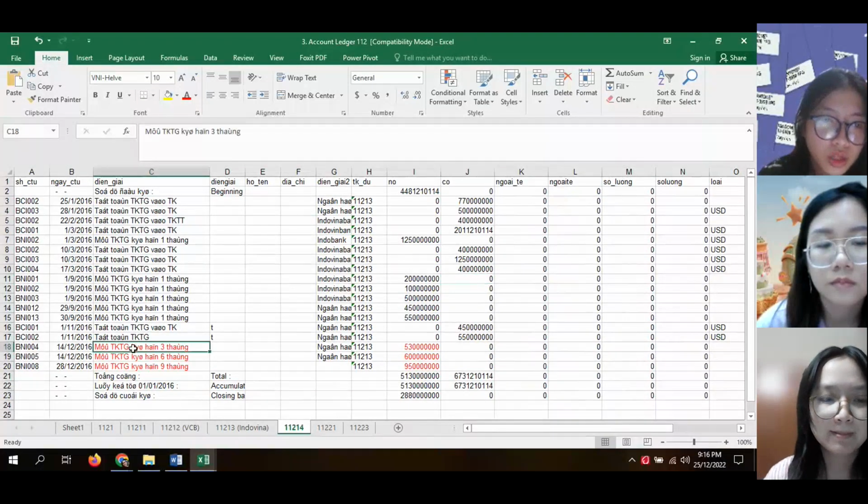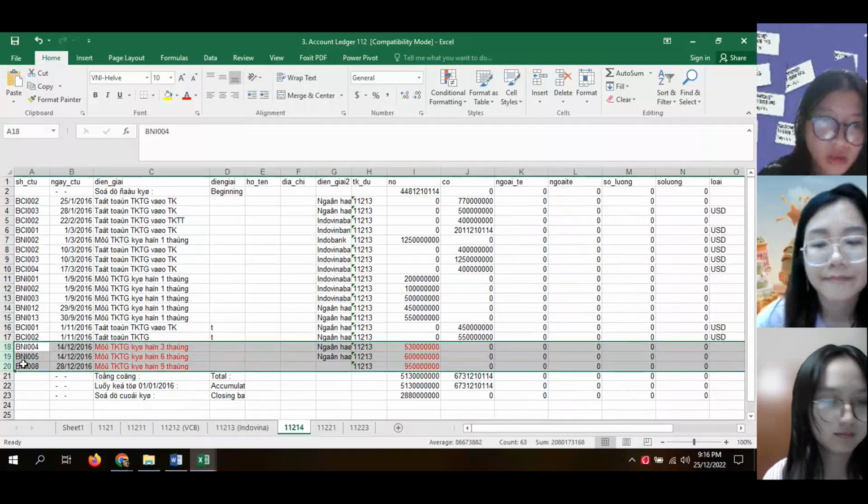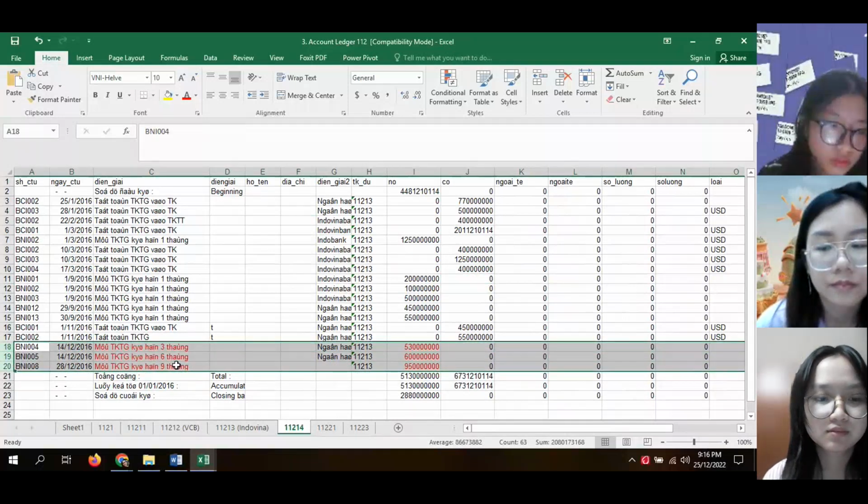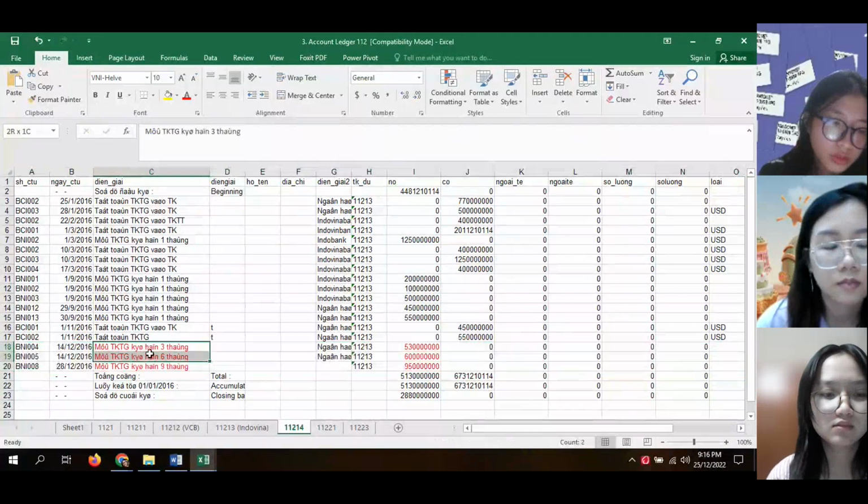In this, we will see an exception like that. Here are three reasons. It's unusual for the GL112 equals.